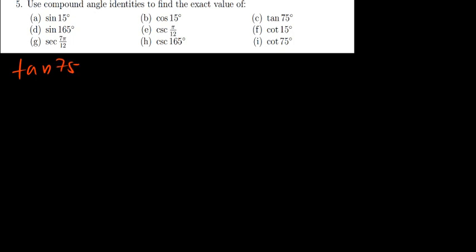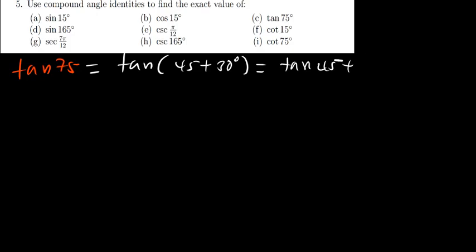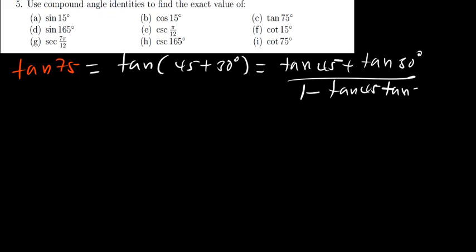So we are going to have tan 75, which is basically the same as tan of 45 plus 30 degrees. Using the formula, this gives me tan 45 plus tan 30 degrees, divided by 1 minus, because there is plus on top, down there will be minus, tan 45 times tan 30.